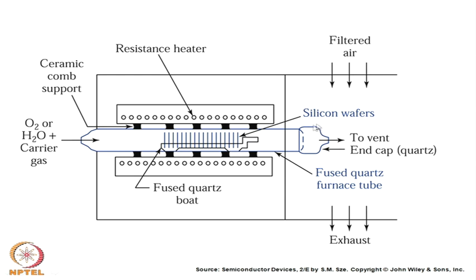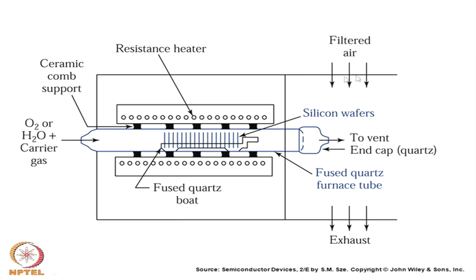You see that the loading end is fitted in a vertical hood, and the arrow gives the direction of the filtered air, which comes from above and passes through the lower end. So, this portion is relatively free from dust or particulate matter, thereby reducing the contamination of the wafers during the loading or unloading process.